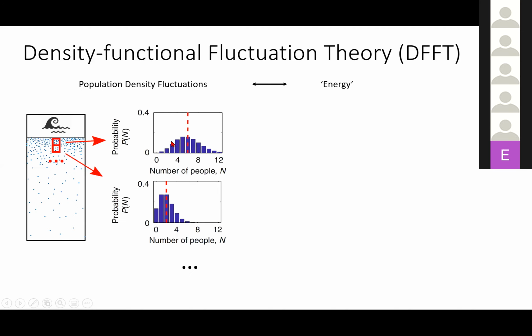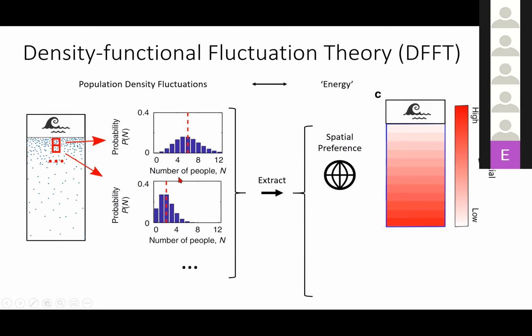To give you an idea of what these things are, here's a toy example of a beachside town. Those blue dots represent people who want to live closer to the beach. If we look at how the number of people fluctuates inside those blocks over time, we can extract the probability distributions of the number of people in those blocks. By looking at the means of these distributions, DFFT extracts a potential-like number for each block.